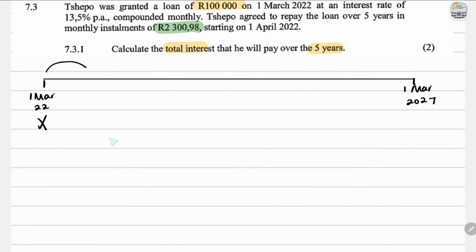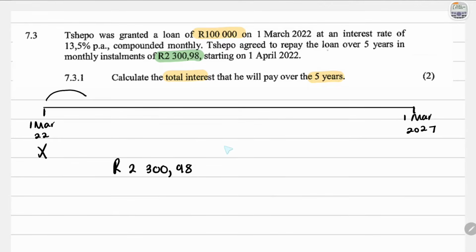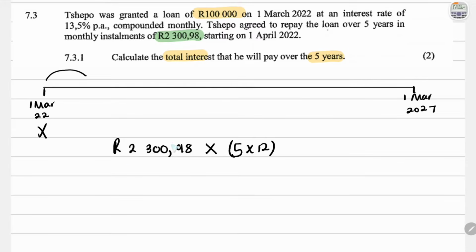We know that he's paying 2,398 rand and cents every month. But for how long does he pay this? He pays this for a total of how many months? 60 months, because he pays it for 5 years, and 5 years times 12 months each year. So this is how much he pays.